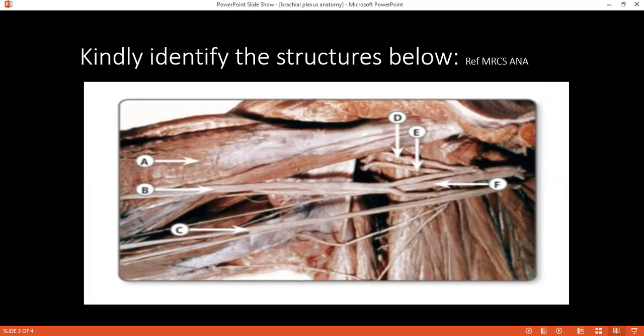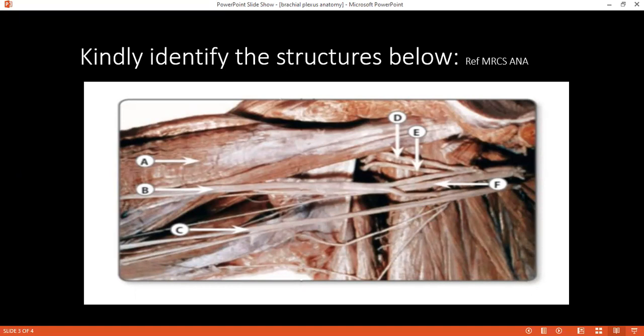C is ulnar nerve, and D is musculocutaneous nerve, and E is the axillary nerve, and F is radial nerve.